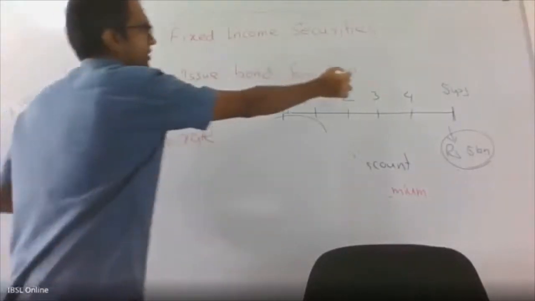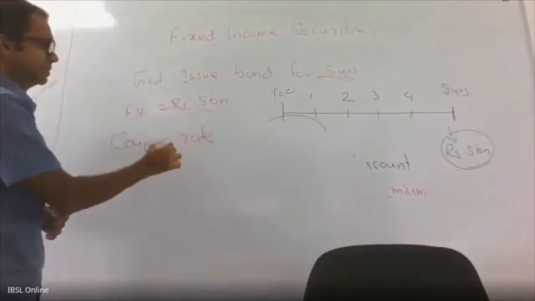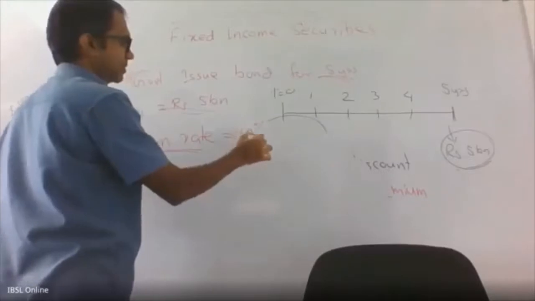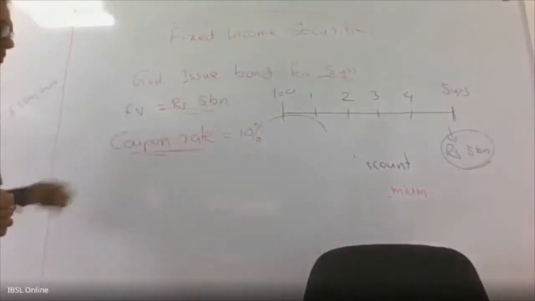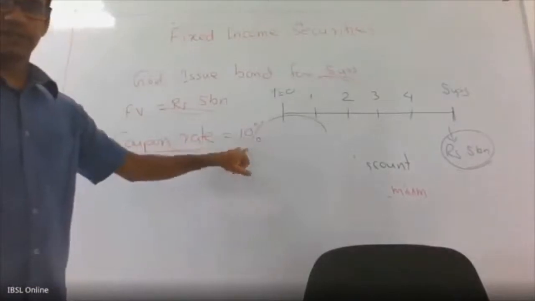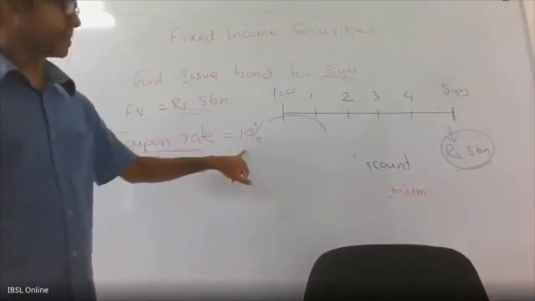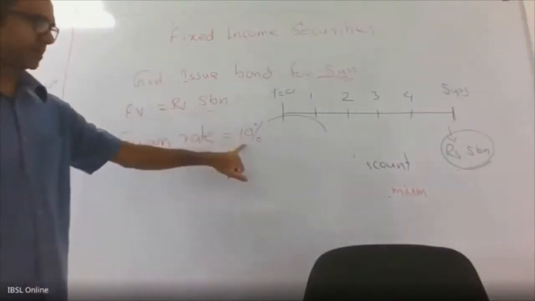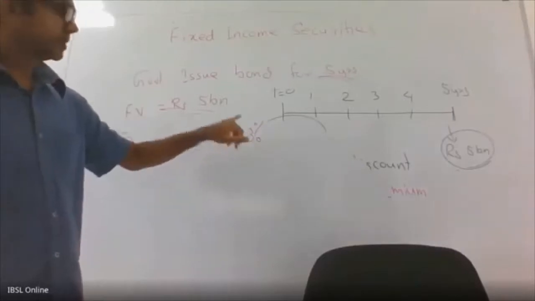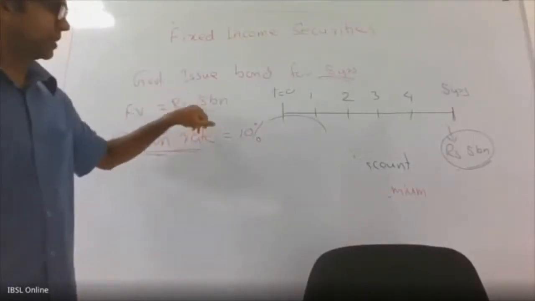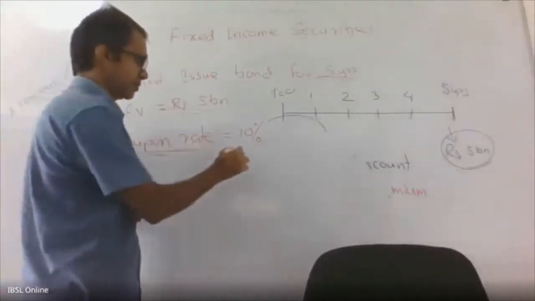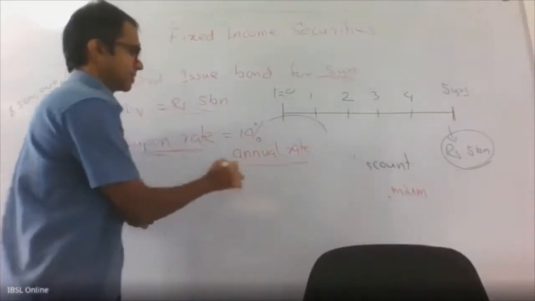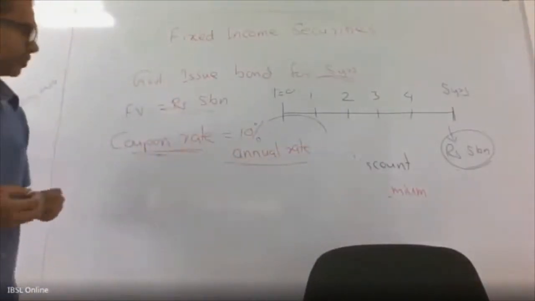Other than maturity is announced, face value is given, and something called coupon rate, say 10%. What is that? Coupon rate is the interest rate the issuer agrees to pay annually on the face value. This is the applicable or the agreed interest rate on the face value. This is an annual rate. We call it the coupon rate.